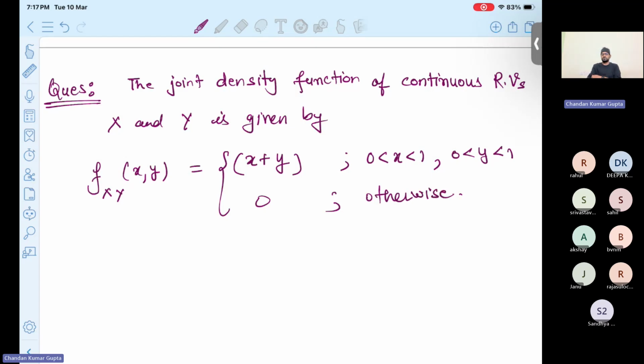This is the joint distribution. We are also given a transformed random variable. Let U be defined as X minus Y, and we need to find the variance of the new variable U, which is the variance of X minus Y. So this is the question.